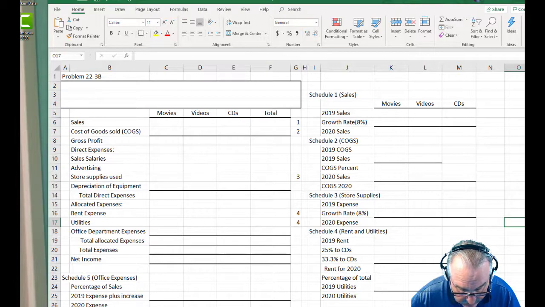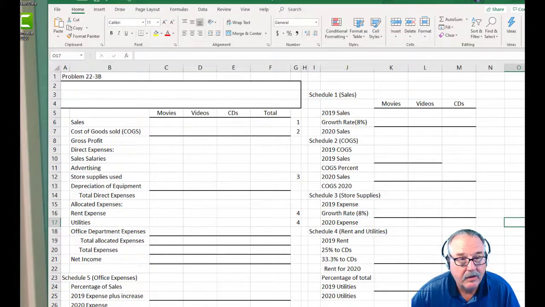They currently sell movies and videos, and they want to add CDs. So they've given us a bunch of information about how they're going to reallocate the expenses to these 3 departments. Currently there's only 2. They're going to add a 3rd one.